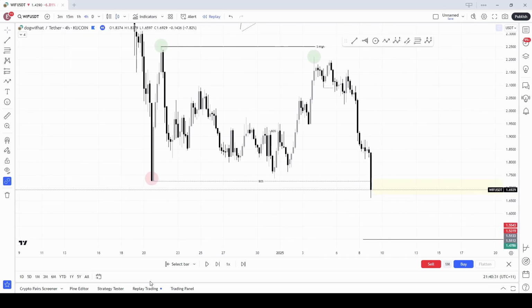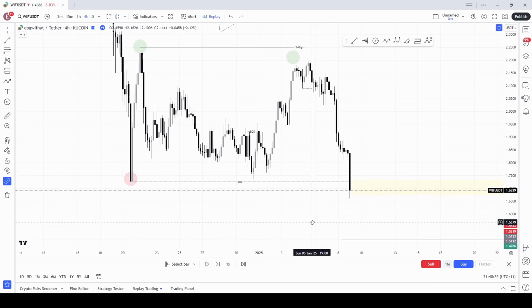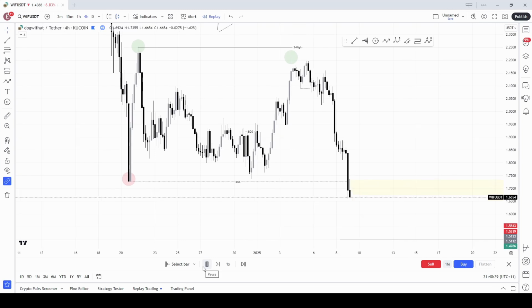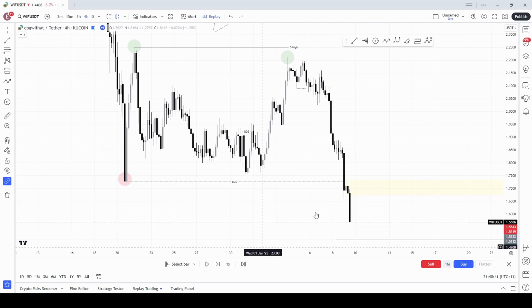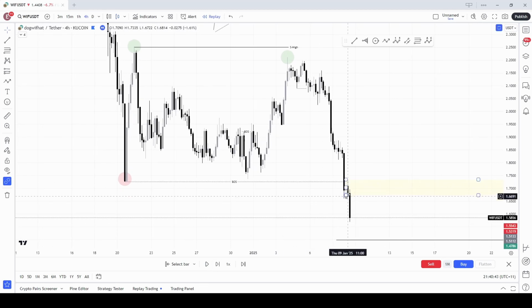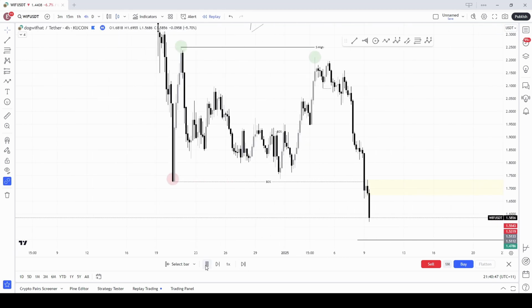So what I then typically do is I wait for a retest of that level. That's also why I've drawn this yellow box here to the left. And if price is being rejected like so, this typically results in a further sell-off.